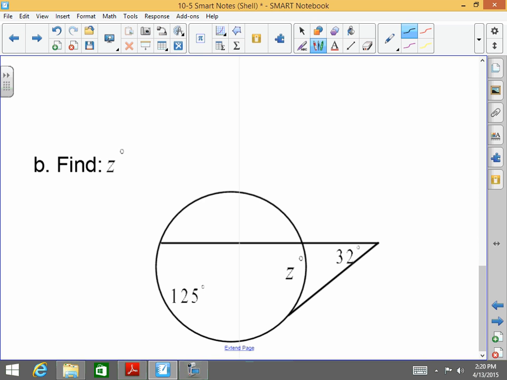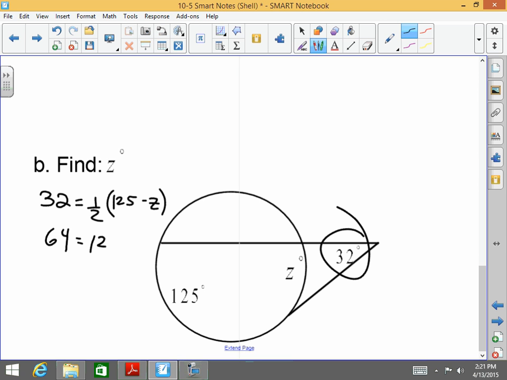I want to find arc Z. So this is going to be 32 equals 1/2 of my large arc minus my small arc, which is Z. So multiply 2 to both sides. That is 64, and that equals 125 minus Z. Subtract the 125.